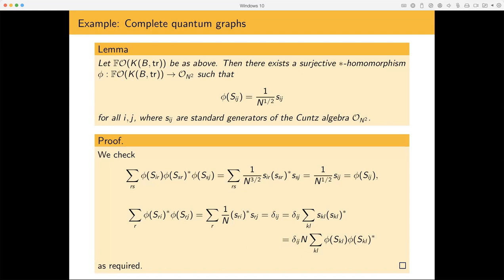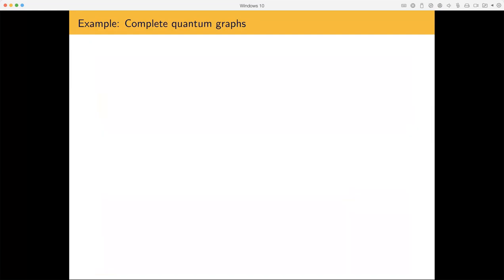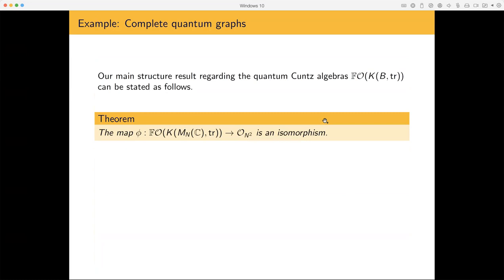I used some ideas coming from quantum information and unitary error bases, and played around with these algebras, and tried to gain more information, and then eventually found that this map is an isomorphism, which to me, at least when we started this, seemed totally unlikely.